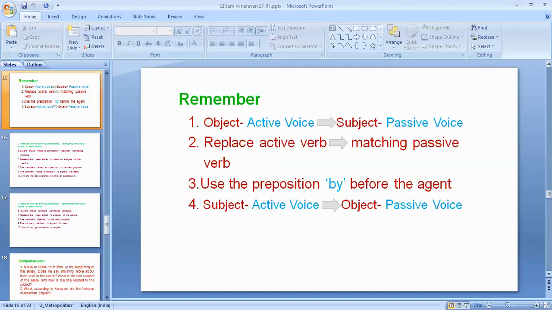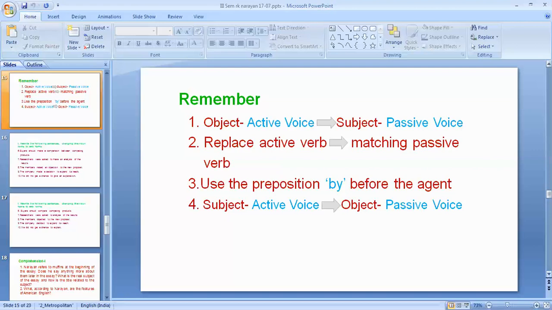So when we are converting sentences of active voice into passive voice, we have to change the active verbs into passive verbs in their corresponding forms. For example, in the previous example, we saw Americans use; the verb use in passive voice became is used. In formal English is used. So its corresponding verb, its matching passive verb, should be used.